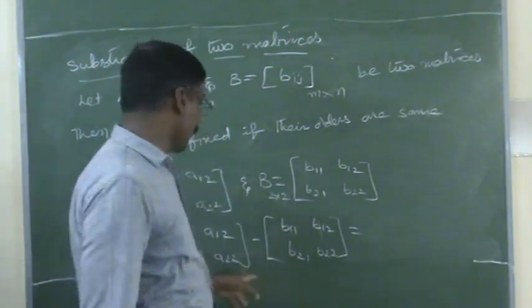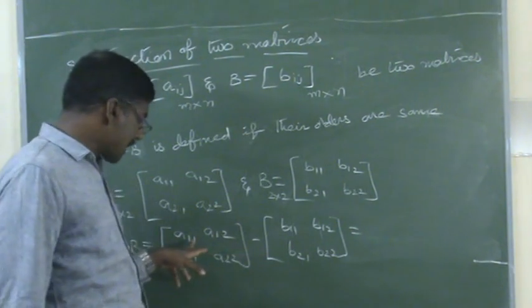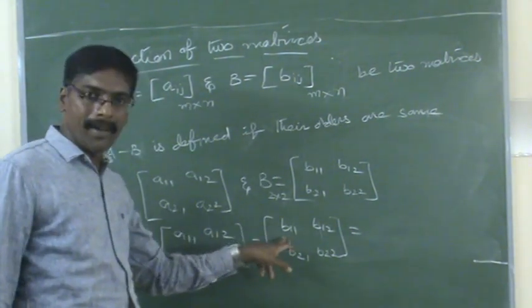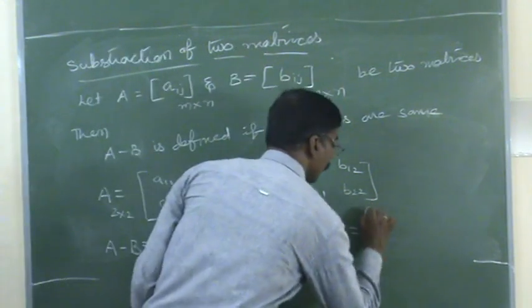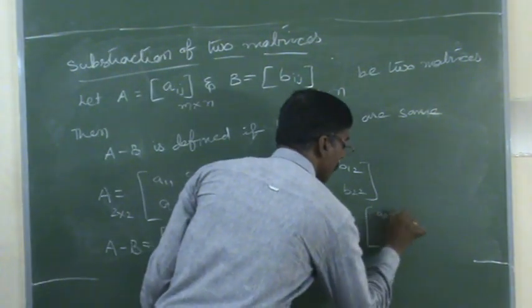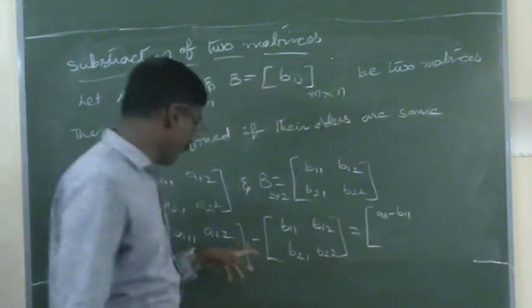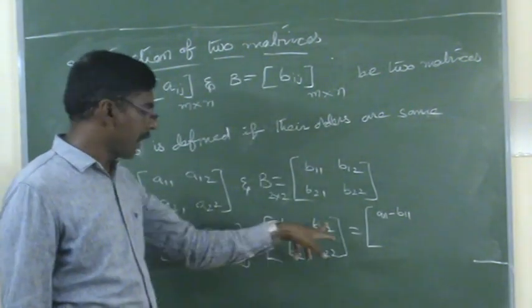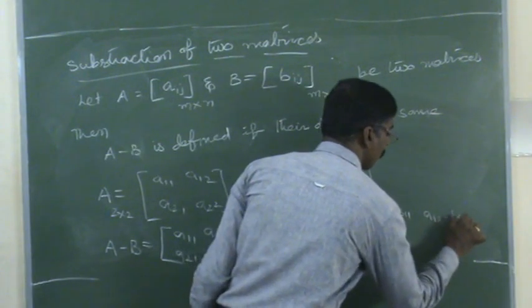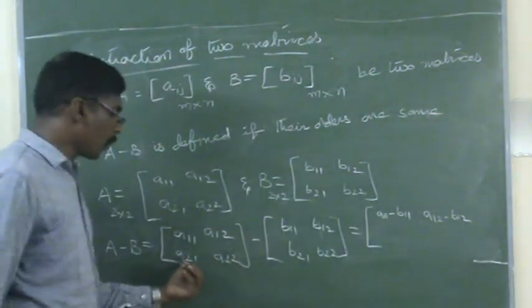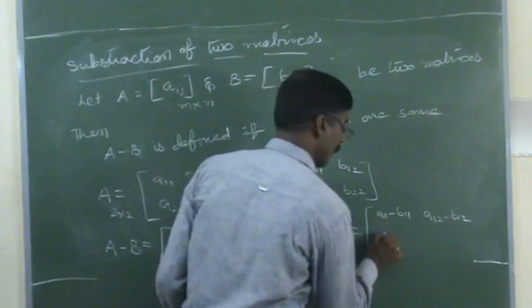We subtract with their corresponding elements. A11's corresponding element is B11, so we take A11 minus B11. Then A12's corresponding element is B12, so A12 minus B12. Then A21 minus B21.